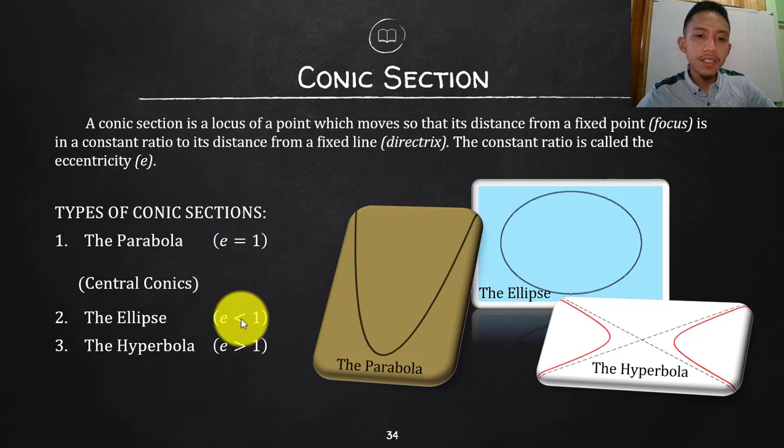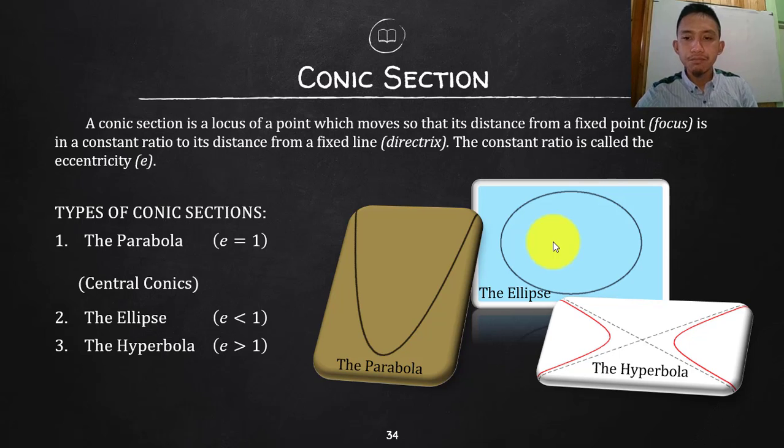And what if the eccentricity is greater than 1? It will still be a central conic since there is still a center, but the center is not literally at the middle of the curve. We call this one the hyperbola. The center is in between the two branches, but not exactly at the center of the points, because they open opposite each other.